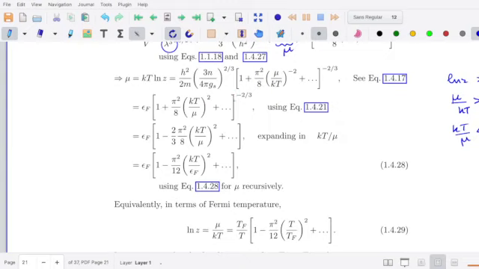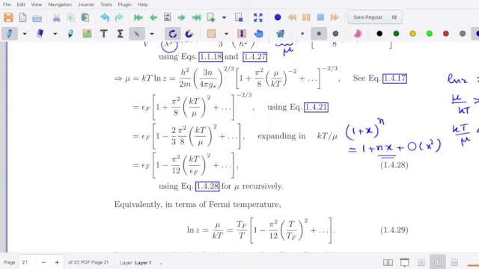So I can do a binomial expansion and truncate it at first order. Epsilon_F times (1 plus x) to the power n is like 1 plus n x plus order of x squared terms. We will stop at the first order term n x. So n here is minus 2/3.